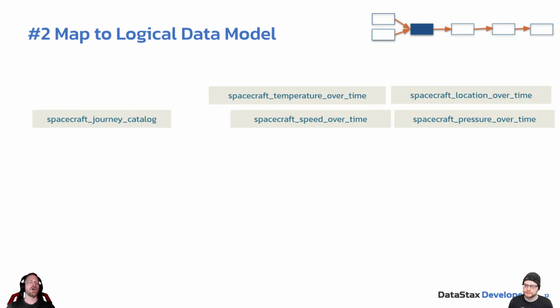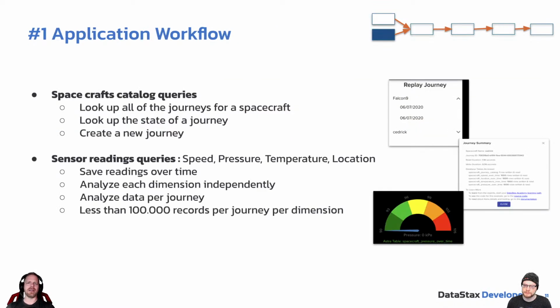Now you might ask, well, why are you creating a separate table for each one of the sensor metrics? Why can't you just store them in one? You could, if you really wanted to, and you might ask later on if that makes sense. But here's the key thing. Notice under sensor readings queries, one of the items I have is analyze each dimension independently.